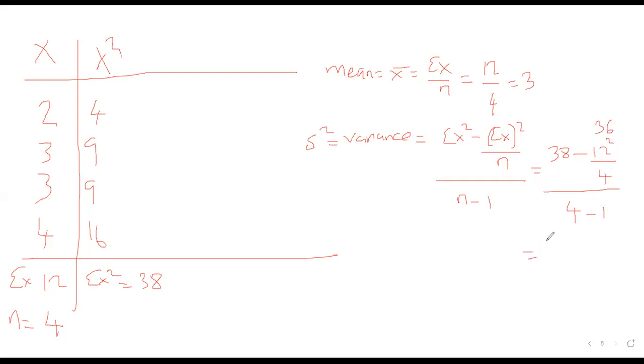So 36 from 38 is 2. 4 minus 1 is 3. So 2 over 3, we get 0.67. How do we get the standard deviation?